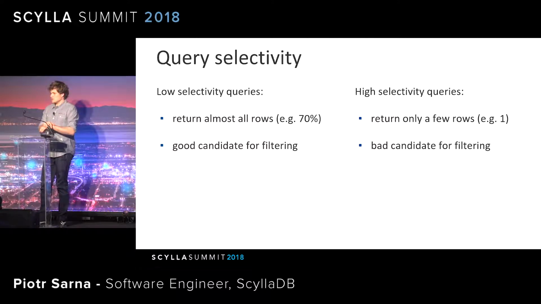This is because filtering, as I told you before, works in a way that we first scan everything anyway and then drop the rows that don't match. So if we want to return almost everything anyway, it's really fine to scan everything. On the other hand, if our queries are really selective and we would like to return just a few rows, like one, it's probably not a good idea to fetch 10 million rows first and then filter just one of them, because that's a huge waste of resources.